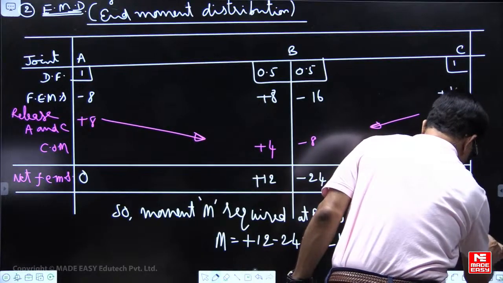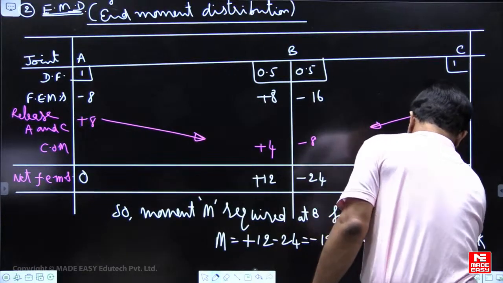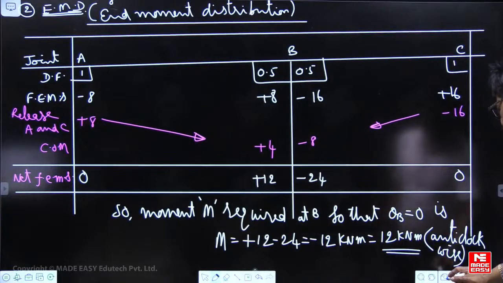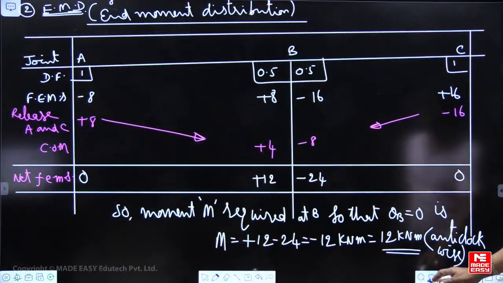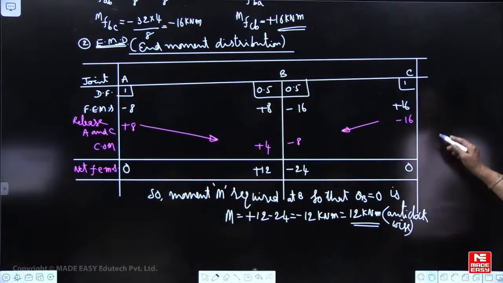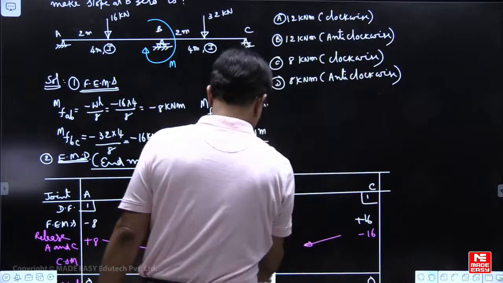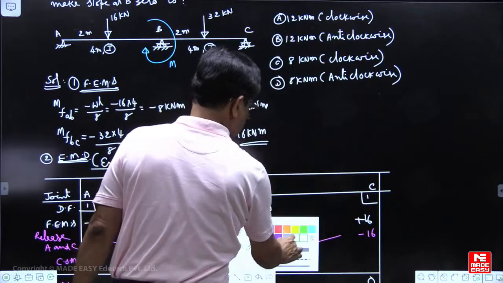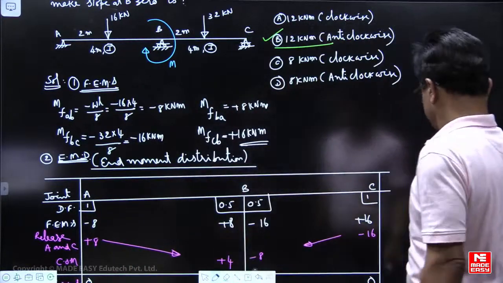Minus means anti-clockwise. Twelve kilonewton meter anti-clockwise, like this.